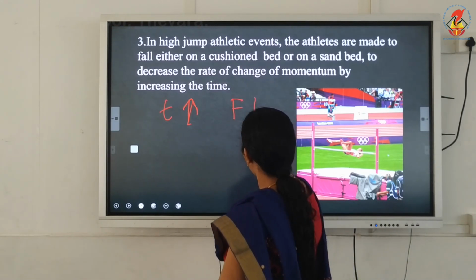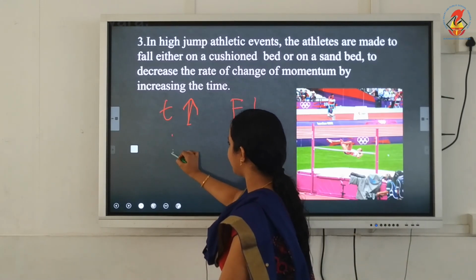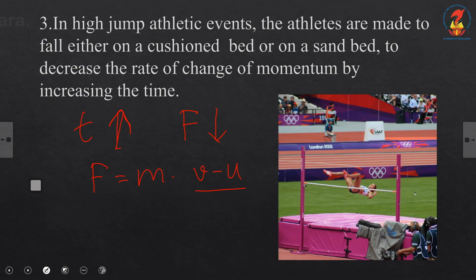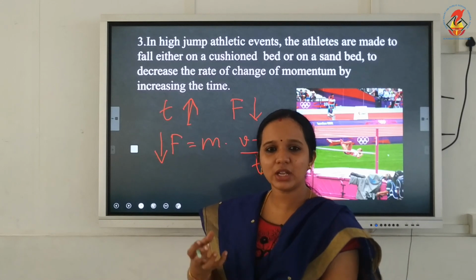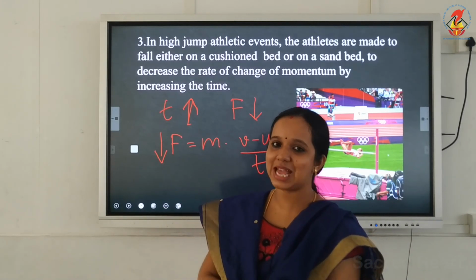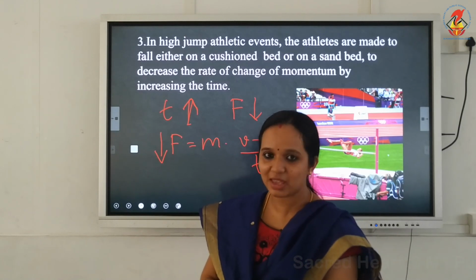So the force will get decreased, using the equation F is equal to m into (v minus u) by t. We can say that when the time of landing increases, the force will decrease. So he only needs to apply less force onto the sand to land safely.